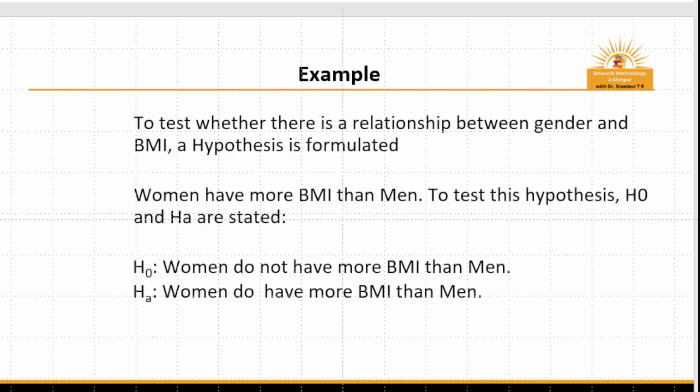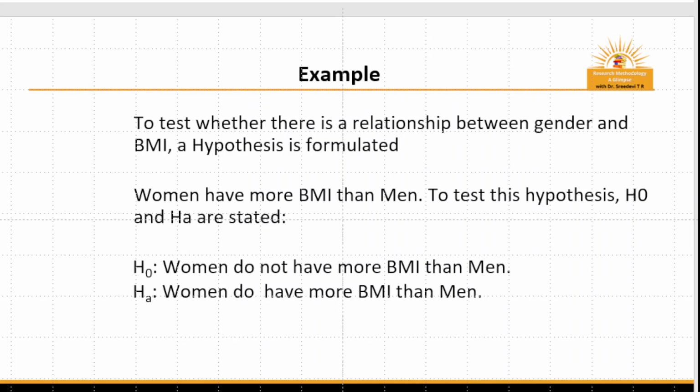Specify the level of significance, that is the alpha value. Mostly it is taken as 5% level, 0.05 level, for rejecting the null hypothesis. Calculate the value of test statistic. That is, the statistical test is based on the type of data collected.